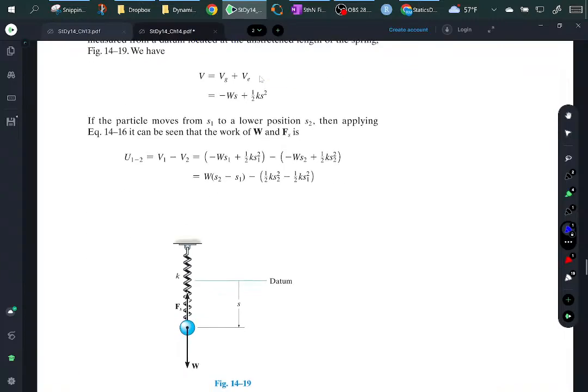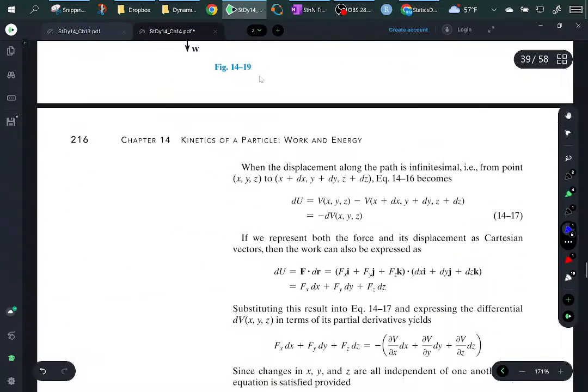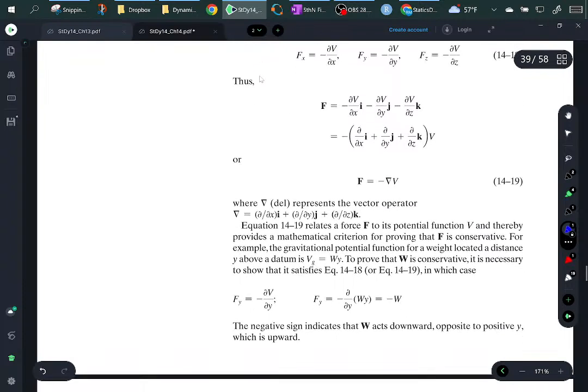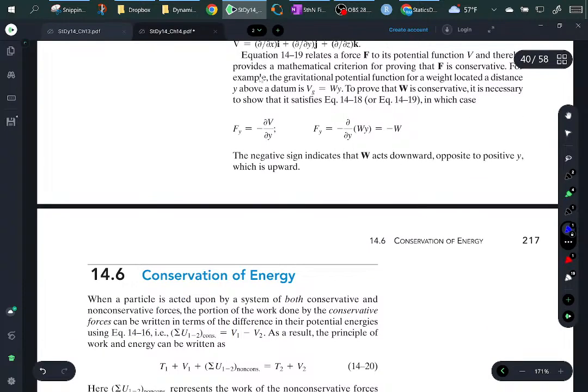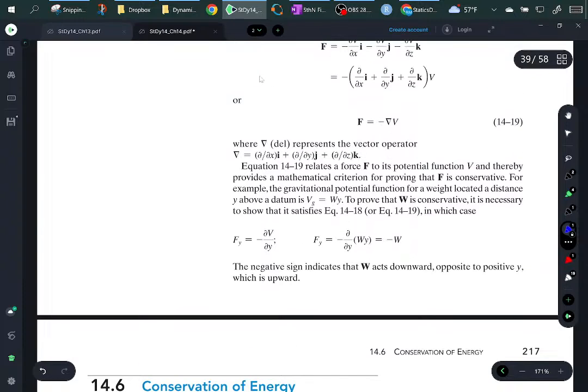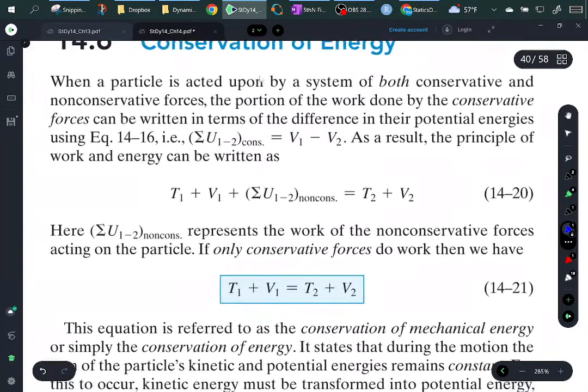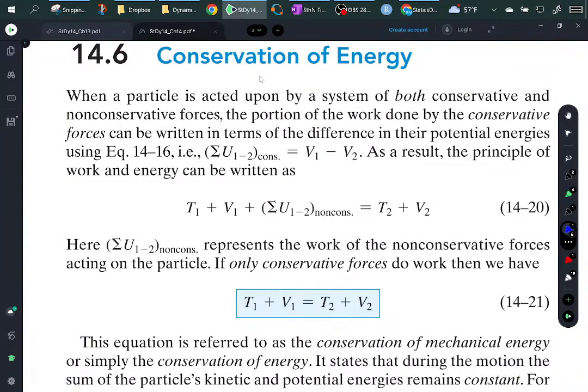And then he goes through and starts solving problems. He comes back with this concept of, okay, well, he never really wrote out mgh, but this is what is implied. Now, here's the thing. He has new notation here.